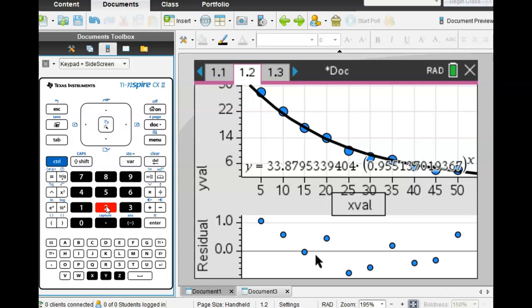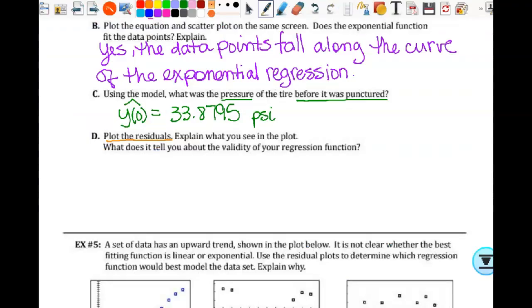So what do you think? Do you think the exponential is a good plot for this? How would you describe what's happening here? Do you see a true pattern? No? Okay. So I would say then, it says explain what you see in the plot.